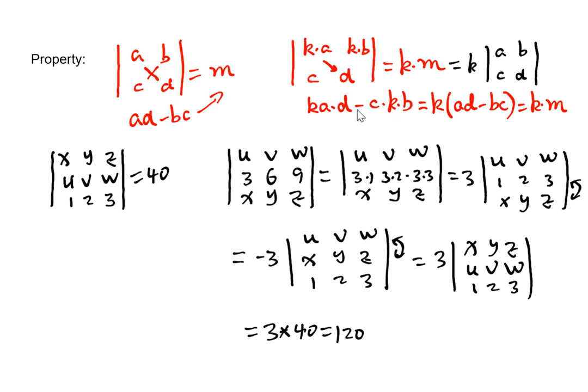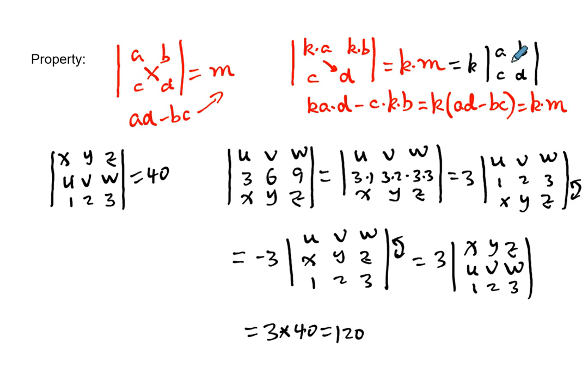You pull K out, and then you have AD minus BC, and AD minus BC was M. So you then have K times M, and M is the determinant of this one.